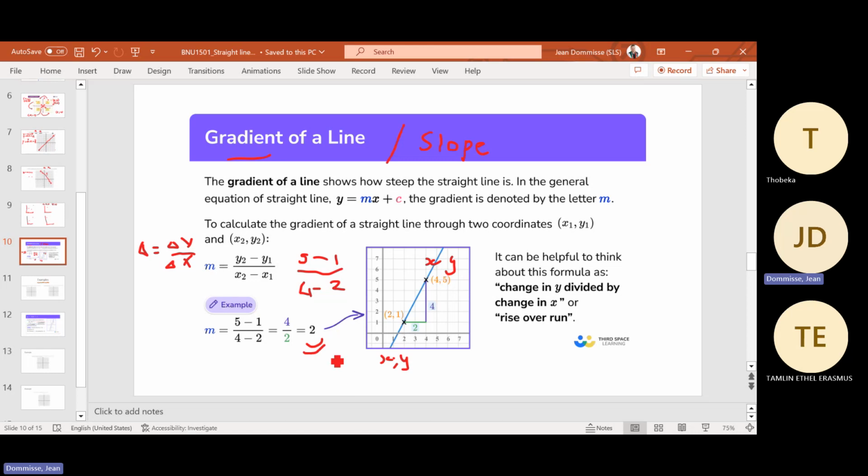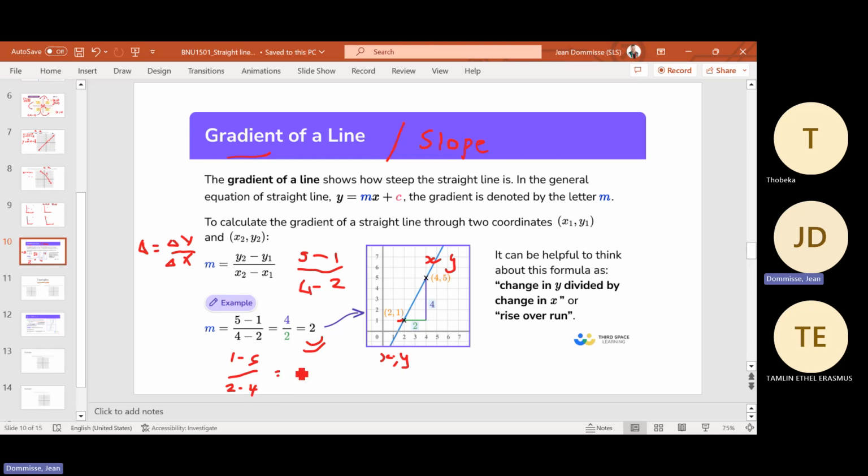What is important is also you don't need to first start with that point. You could have said, okay, but I want to start with this point. So what you will then do is just say, okay, still my y was 1. I subtract the other y, which was 5, divided by 2 minus 4.